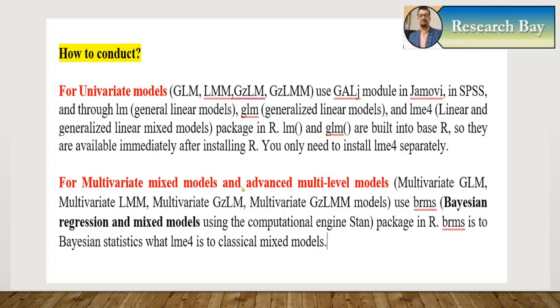For multivariate mixed models and advanced multi-level models: multivariate GLM, multivariate LMM, multivariate GZLM, multivariate GZLMM. In this case, you have to use the Bayesian regression models, abbreviated as brms, which uses the computational engine Stan in R. brms is to Bayesian statistics what lme4 is to classical mixed models.